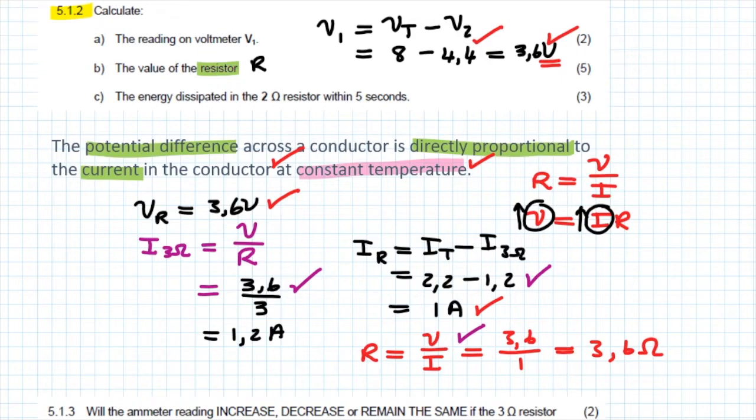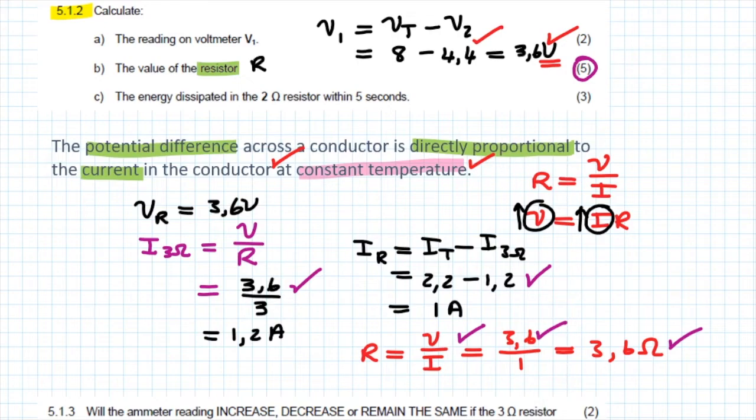We're going to take this away, okay, because that is not a mark. I just used that while we were performing the calculation. Okay, and so far we're on 3 marks. 1 mark for your substitution into the Ohm's law formula, and 1 mark for your final answer, the value of resistor R, giving us a total of 5 marks.